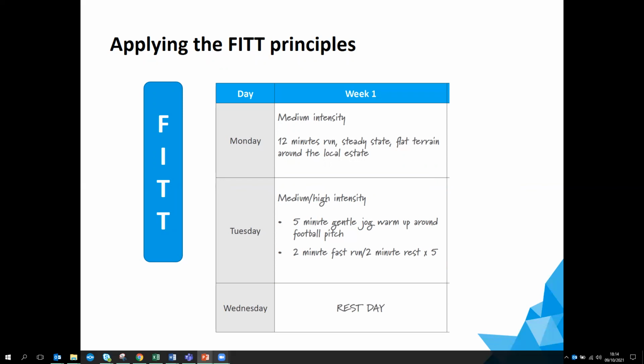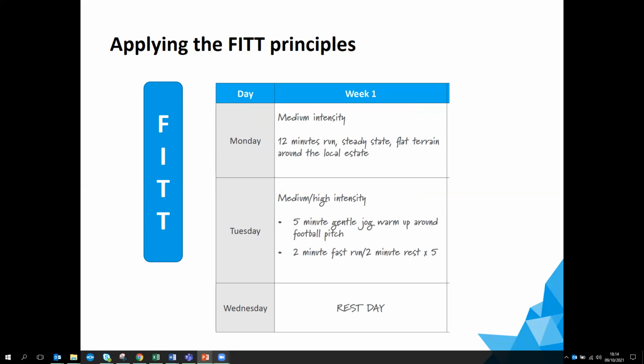Intensity, so you can see from the plan that the level of intensity is specified. The harder and longer your exercise is, the more intensity it may require. So for example, the 12-minute jog would be medium intensity, as the heart rate would be working at a moderate intensity, whereas the gentle jog, followed by fast runs, would be medium and high intensity.